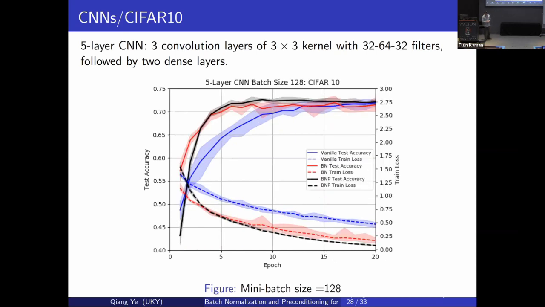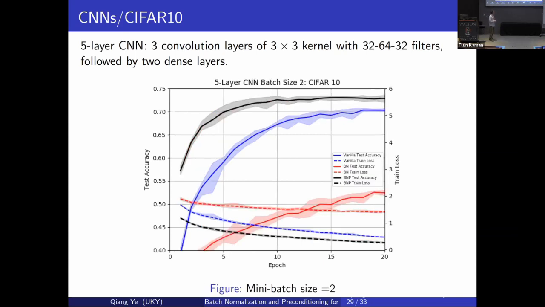Now, the one that I just showed you is the one with mini batch size 128, which is a typical one. But we also test on a very small mini batch size, mini batch size 2. Nowadays, with models becoming larger and larger, sometimes it's desirable to use a small mini batch in order to fit memory into a GPU.